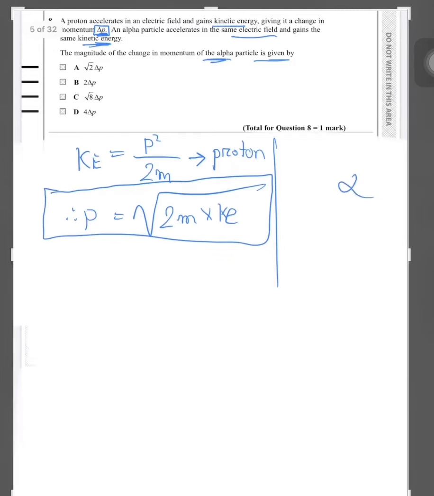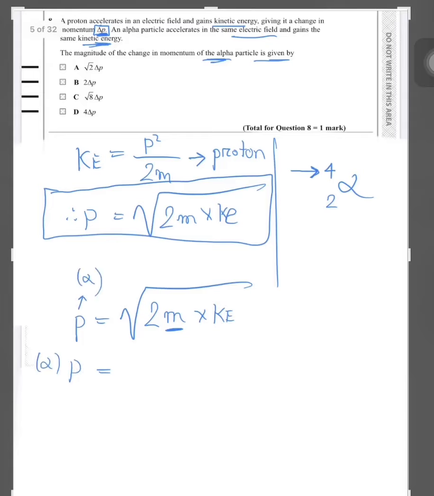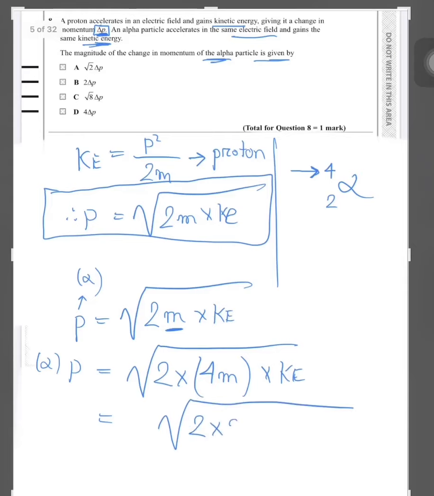We also know that the alpha particle has a nucleon number of 4 and proton number of 2. So the mass would be 4 times that of the proton. So if we consider that the momentum is root of 2 times mass times K, this mass would be 4 times that of the proton. So the momentum of the alpha particle would be root of 2 times 4m times K. We can write this as 2 times root of 2mK.